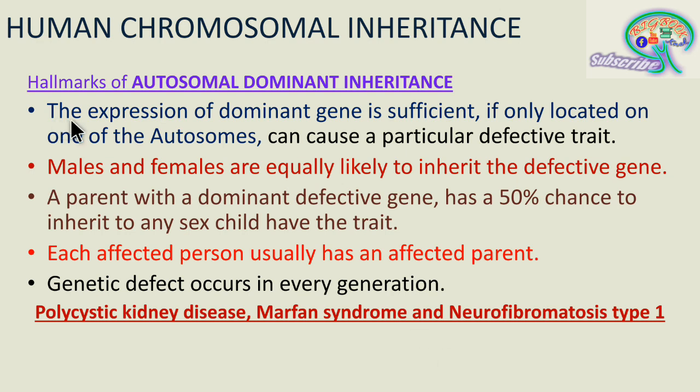Now here, the expression of a dominant gene is sufficient, if only located on one of the autosomes, to cause a particular defective trait. For example, if you consider a dominant trait, curly hair is dominant over straight hair.